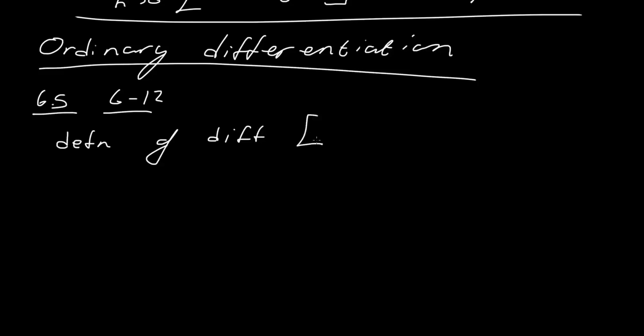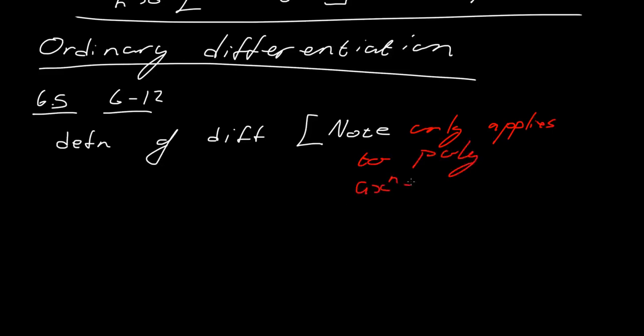Now this, you must note, only applies to a polynomial, which is in the form ax to the n plus bx to the n minus 1 plus cx to the n minus 2, etc. Okay? So you need to note that.